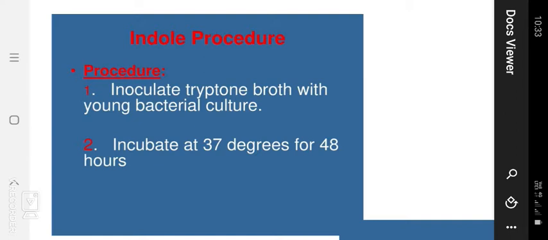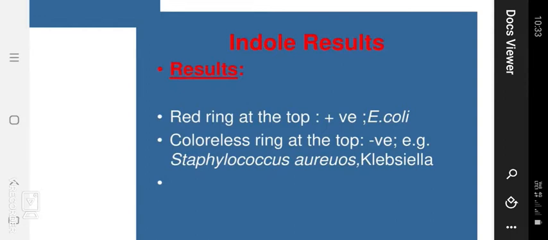Second, incubate at 37 degrees for 48 hours. Suppose we are working on the IMViC test, the culture is incubated two days before. Then we go to the result.